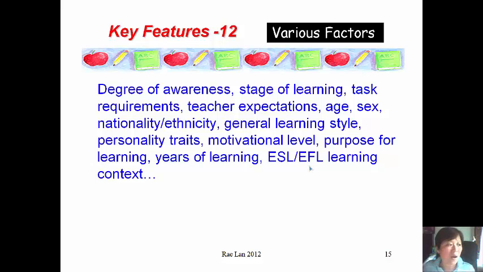For example, outgoing, more extroverted people may use more social strategies, whereas more introverted learners probably use different strategies. On top of that, motivational level also affects our strategy use. The highly motivated learners are more willing to try different strategies, so they probably use more strategies.